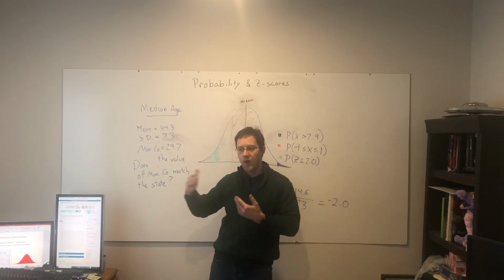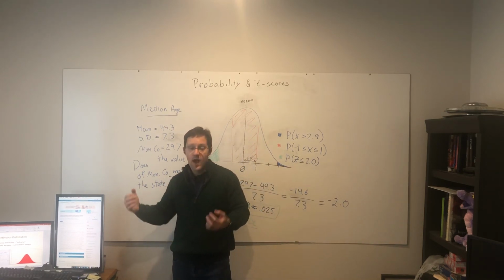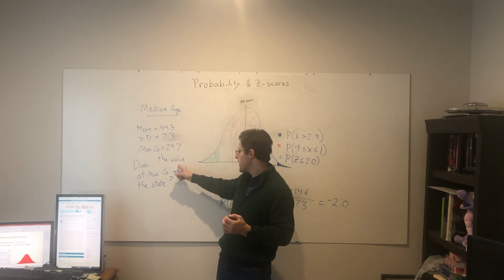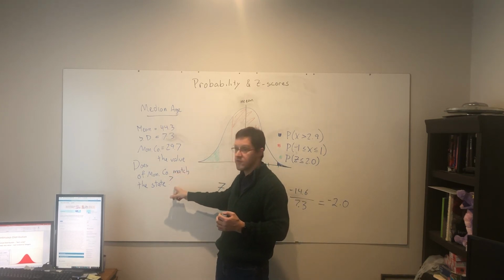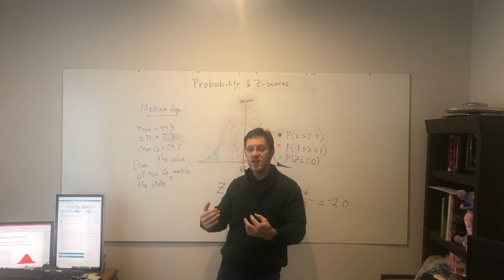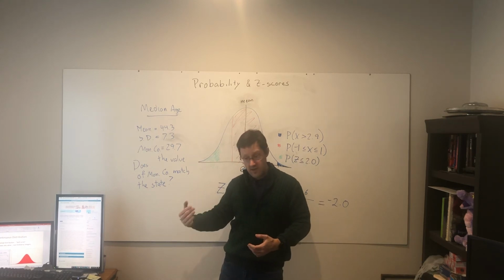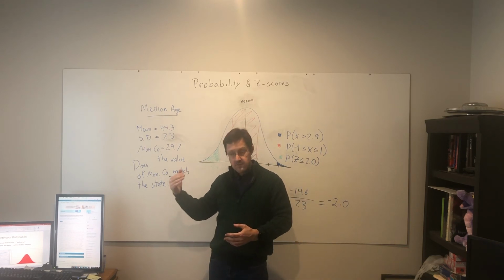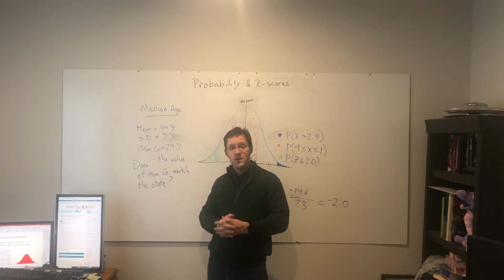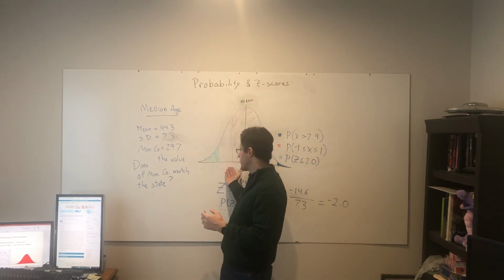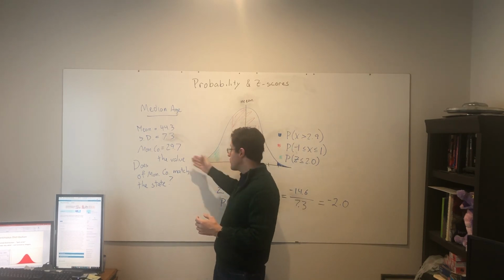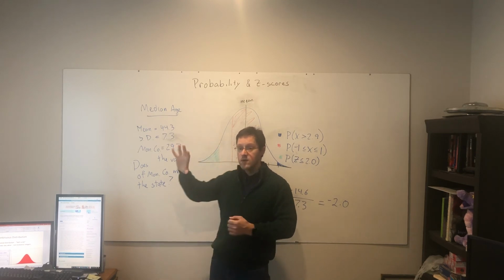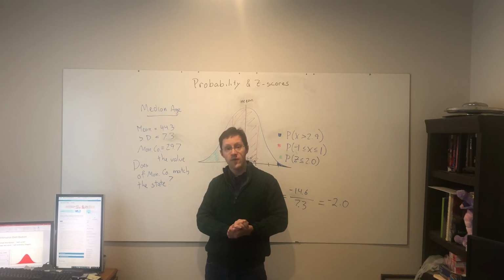And because I have that other process from outside information, I am willing to then believe that this hypothesis, that the value matches the rest of the state, is indeed false. And I have a reason to trust my data. So here we have this process of using probabilities and distributions to conduct a simple inferential test and reach a conclusion: Mon County's age structure is different from the rest of the state.